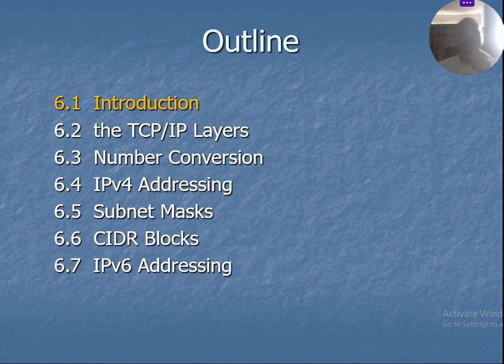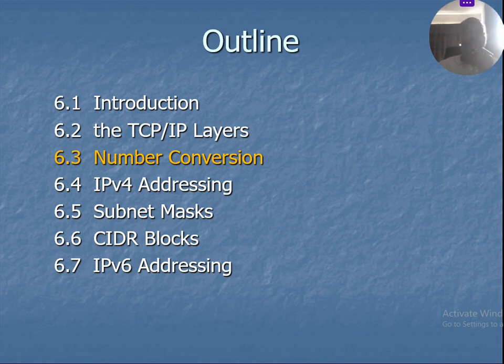Is that okay? So today's course, the first one, is the introductory part. Subsequently, we look at the second part, which is chapter 6 part 2, the TCP/IP layers, because it has its own layers, like the way we have the OSI model, we also have the TCP/IP model. Then number 3 is number conversion, how we convert binary numbers and decimal numbers to binary, hexadecimal, and so on.